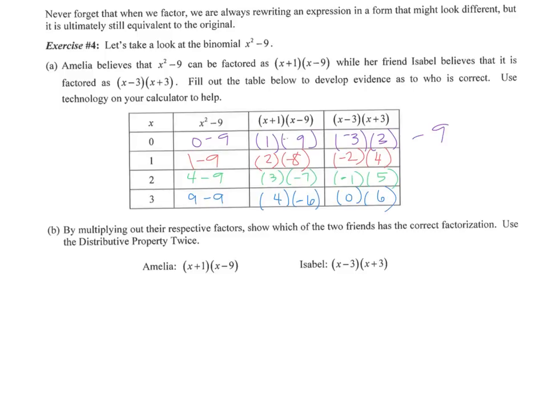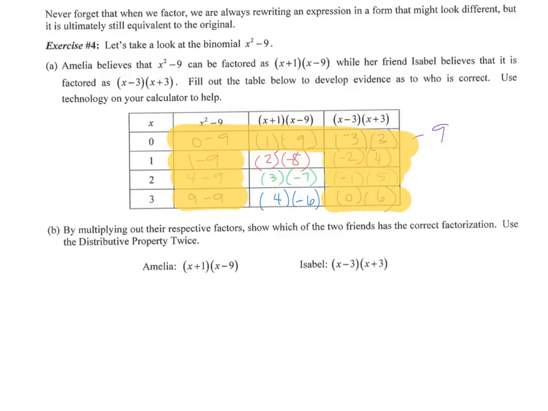So you look that if you do all of these, they became negative 9. But as I look at the rest of them, this is negative 8, this is negative 8. The middle one is negative 16. Negative 5, negative 5. The middle one's negative 21. 0, 0. The middle one is wrong.